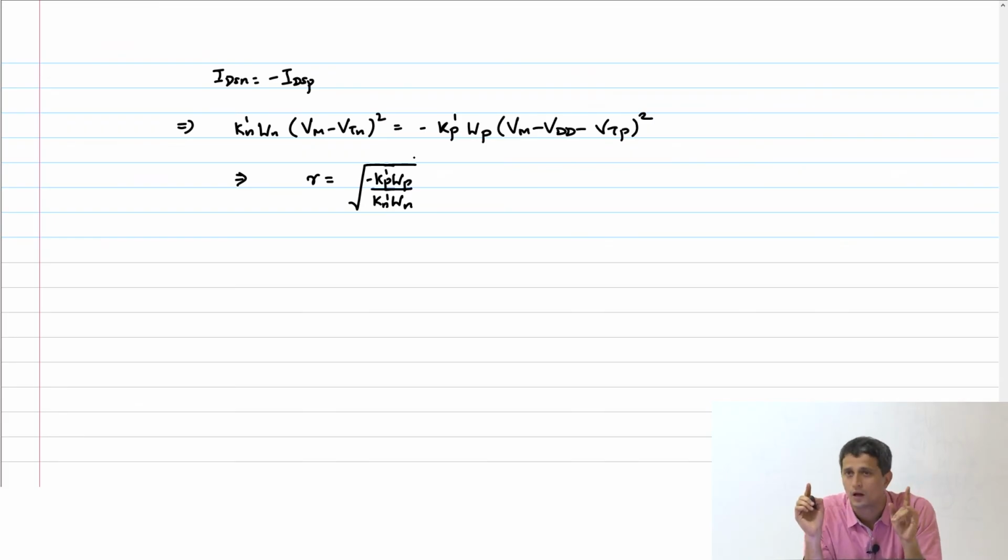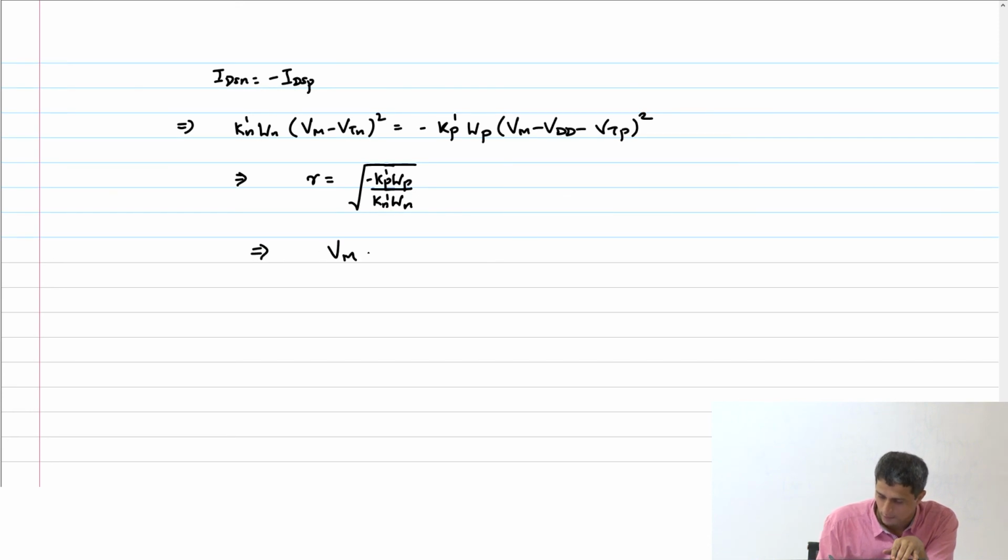Clear? When I take the square root, how do I decide if it is plus or minus? You get my problem, right? Now this is Vm minus Vtn equals plus or minus R into (Vm minus Vdd minus Vtp).